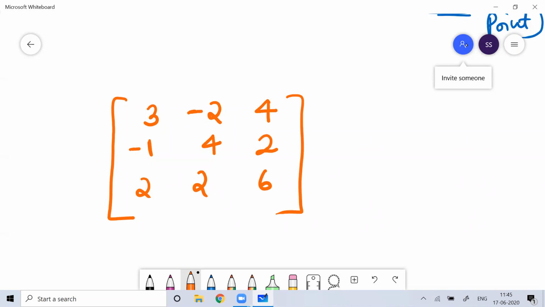This is player A and this is player B. Suppose there are two players, player A and player B, and I gave you this payoff matrix. Now if I ask you to solve this problem.